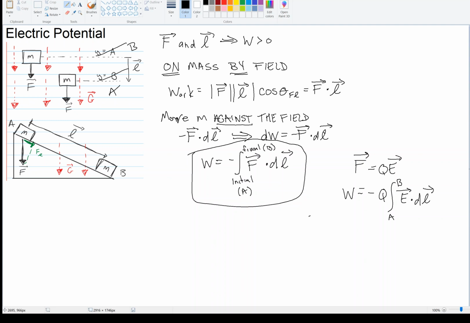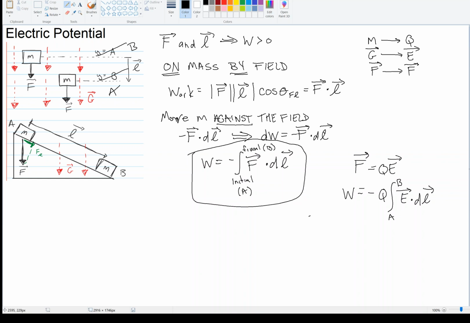The analogy here is perfect. Moving mass in the gravitational field is like charge in an electric field. The gravitational field is like the electric field, and the gravitational force, or the weight, is like the electric force.